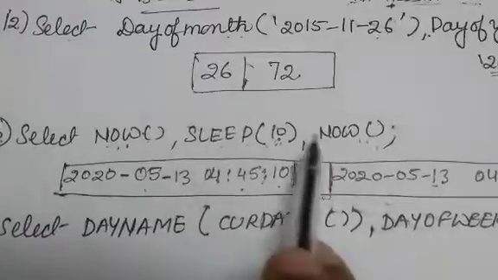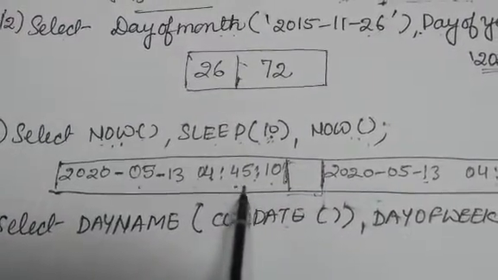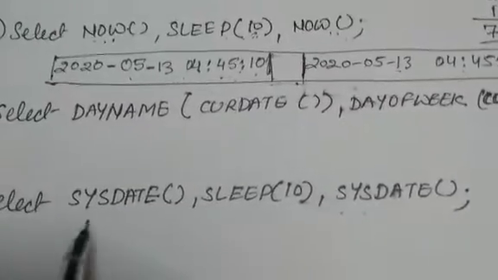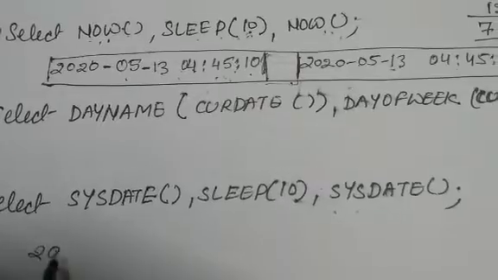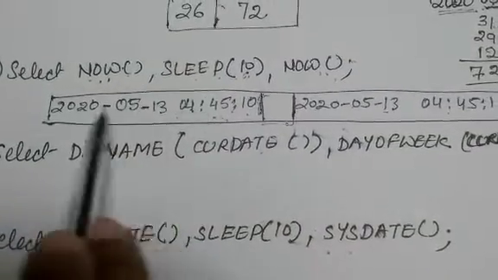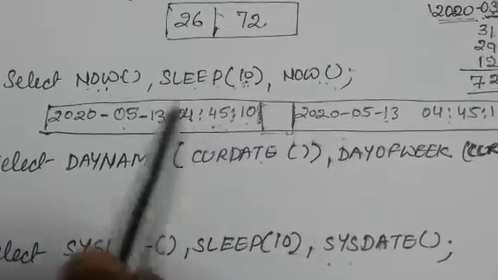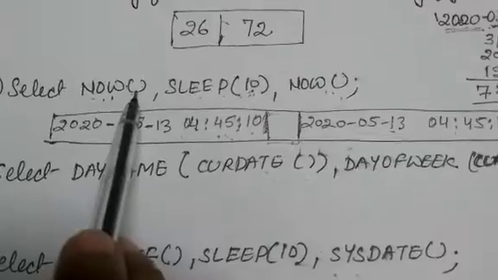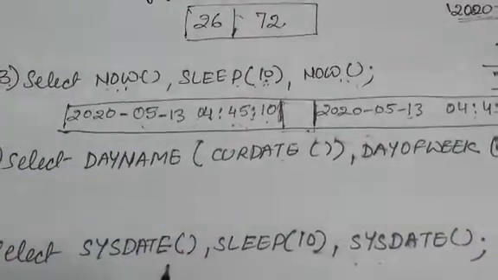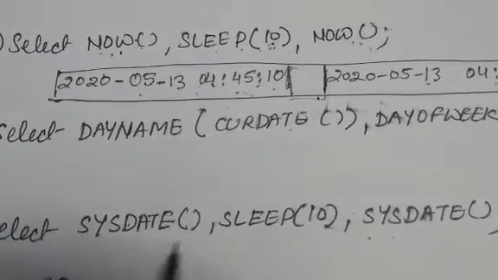But if you use sysdate, then you will have the difference in time recorded here. So in the next question, if we have sysdate, otherwise both functions display the same thing, that is date and time. The difference is now displays the system date and time when the query began to execute, while sysdate displays system date and time when the function executes.